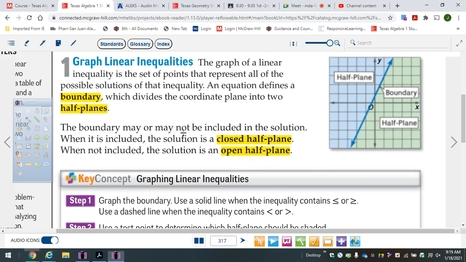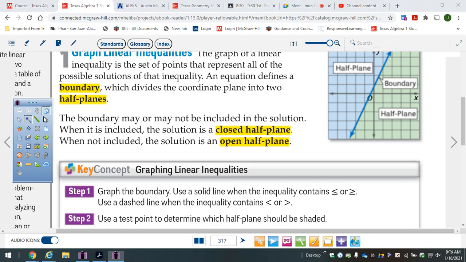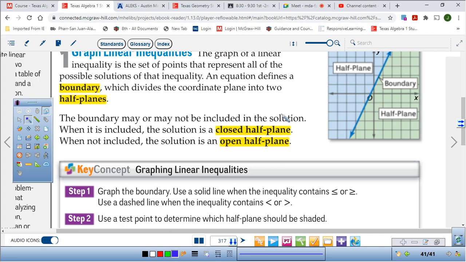Remember when we did the inequalities and we had an open circle and the line went like that, or like that? That's the open, not included.